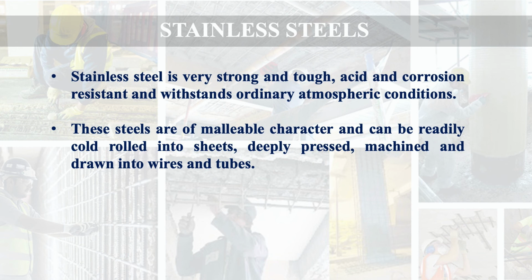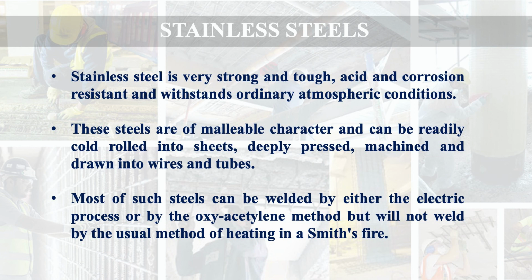These steels are of malleable character and can be readily cold rolled into sheets, deeply pressed, machined and drawn into wires and tubes. Most of such steels can be welded by either the electric process or by the oxyacetylene method, but will not weld by the usual method of heating in a Smith's fire.